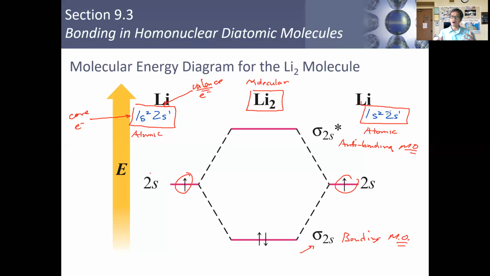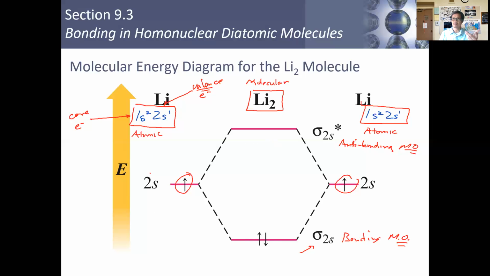So what actually holds these two lithiums together is the sharing of this electron from the 2s orbital of this lithium, and this electron from the 2s orbital of this lithium. And how are they shared? Well, when they come together and form this molecular orbital, the two electrons will drop down to the lowest energy molecular orbital.